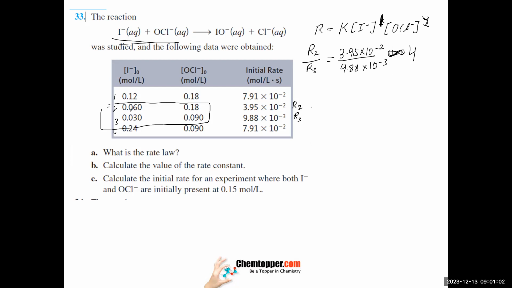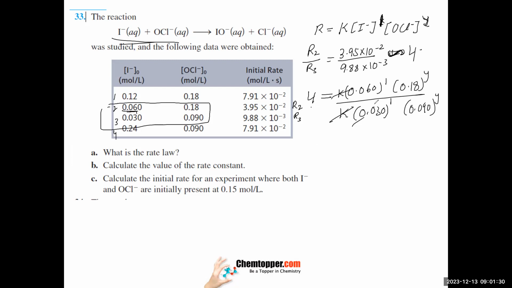But then you plug in: 4 is equal to K times 0.060 raised to power 1, 0.18 raised to power y, divided by K times 0.030 raised to power 1, 0.090 raised to power y.